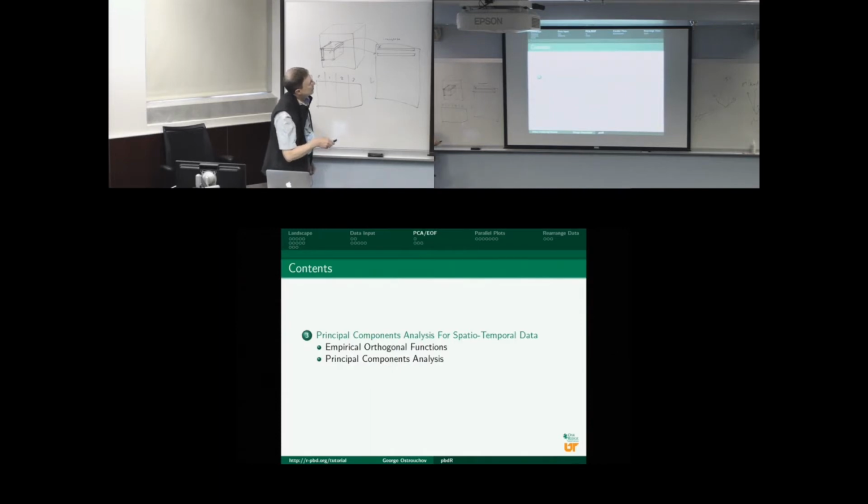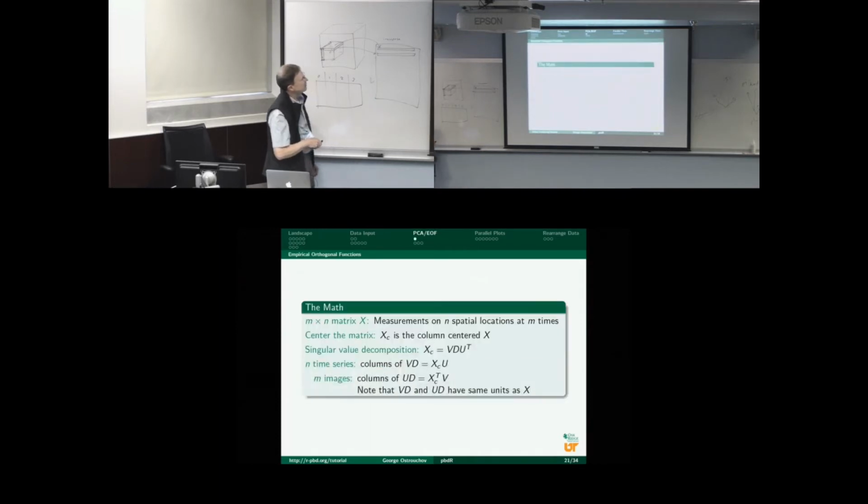And so now we go into the analysis here, the principal components. I have my m by n matrix X, right? This is my m, this is my n. To do principal components, you have to center each column and do the singular value decomposition.